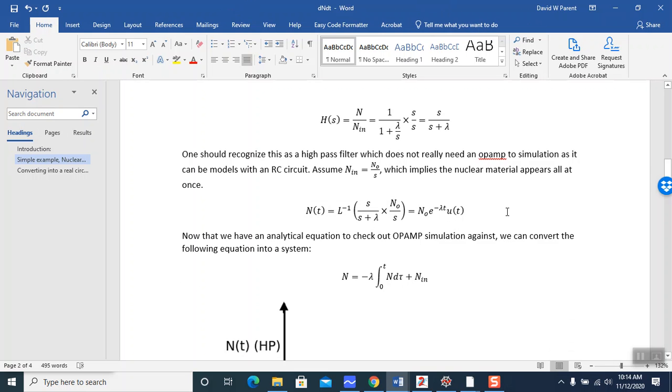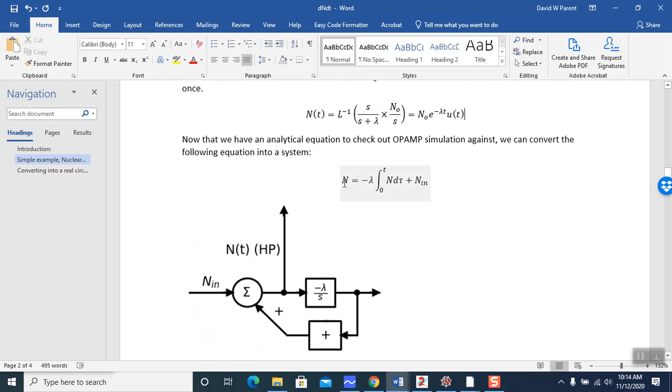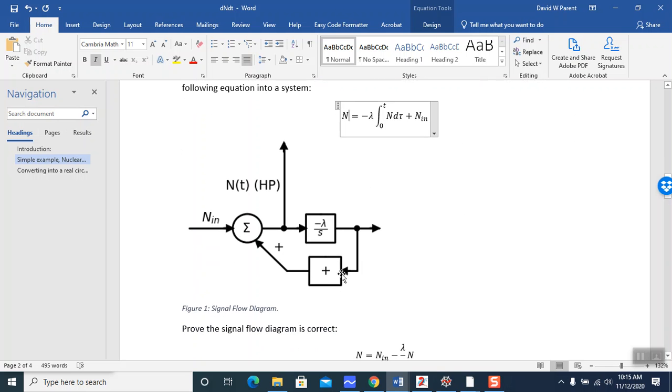Now, we have that equation. We know what we should get, so that we can verify that we know how to make op-amp circuits that implement it. So we go back to our equation where n of t is equal to minus the lambda scale factor, integrating over time, plus our input. And here's a signal flow diagram, which should look familiar if you've had 110, except instead of 1 over RC, you have lambda, and you have the minus sign.